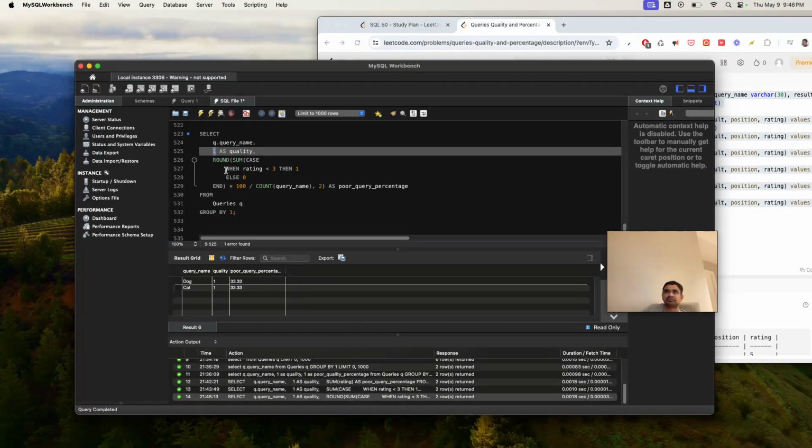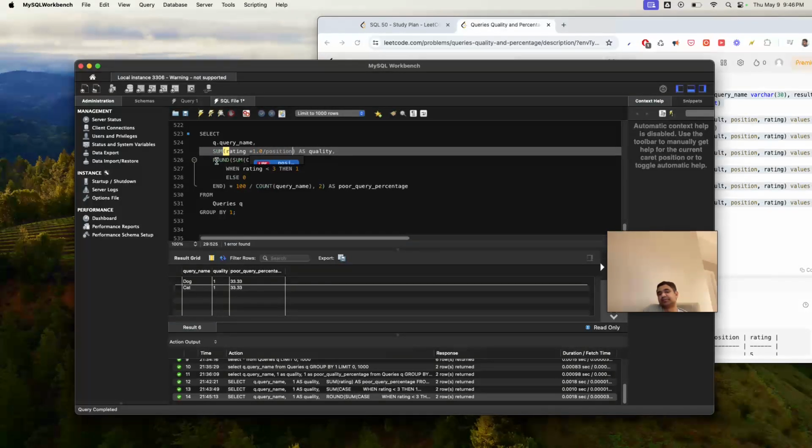Okay. So here you are summing what exactly. You have two things. One is the rating, and you are multiplying that with 1.0, and you are dividing by position.